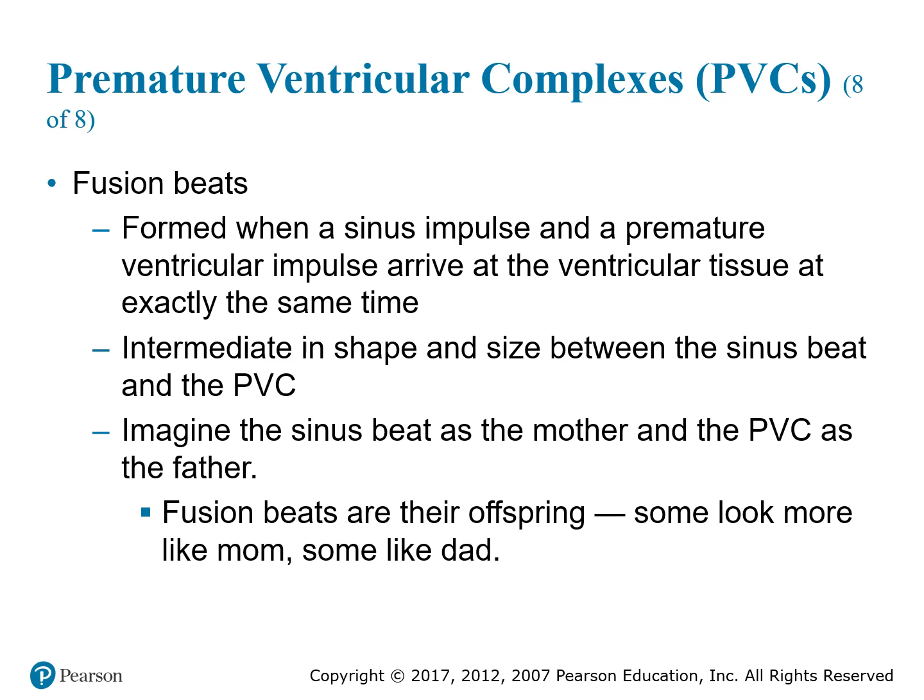The shape of a fusion beat can either be between a sinus beat or it can be more like a PVC. Just imagine the sinus beat is the mother and the PVC is the father, and the fusion beat is the offspring, which can either look like the mother or the father, same as when we have children.